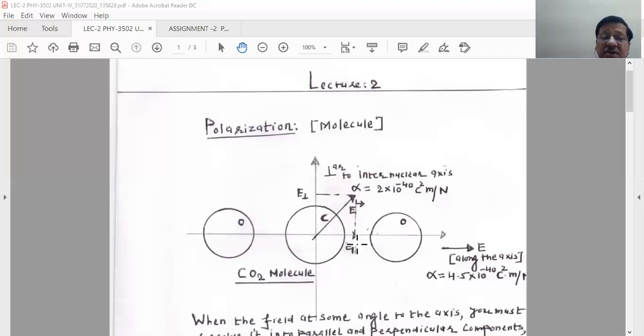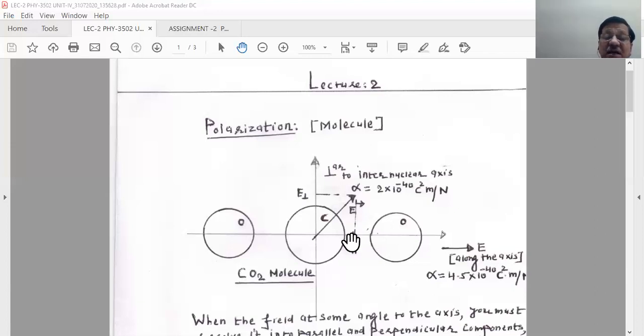Because of this parallel component of the electric field, you will have a polarizability, which I will refer to as alpha parallel. So you will have to write your equation of induced dipole moment in terms of the two components of polarizability.